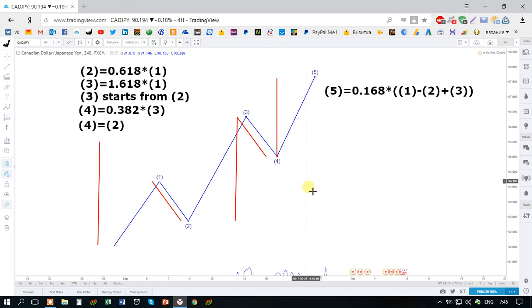Okay, and now here is the secret I want to reveal. If you take the simple measurements, and these calculations are ideal, I mean that wave 4 is the 0.382 of wave 3 and wave 2 is the 0.618 of wave 1, if you have an ideal situation, wave 5 will terminate at the 1.272 extension, simple extension of that leg.